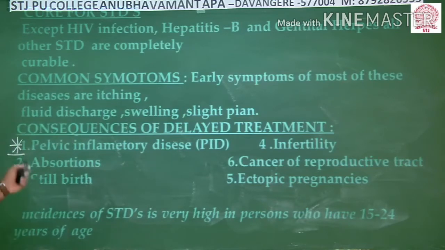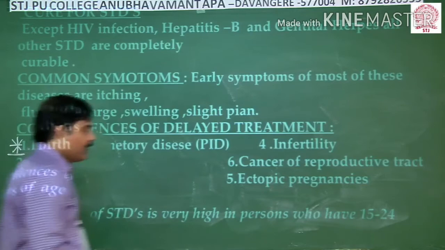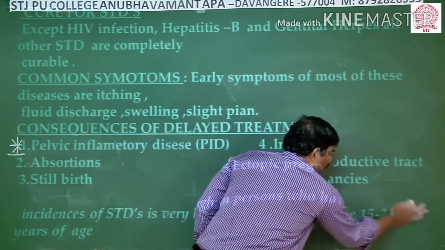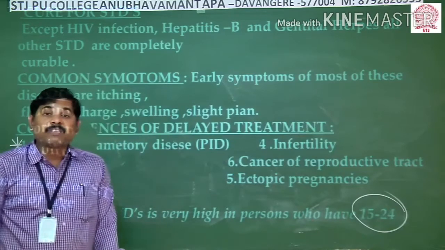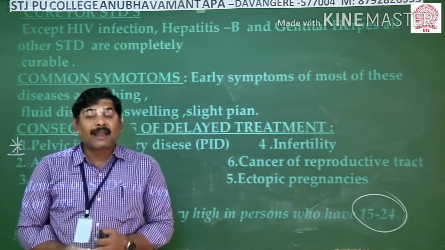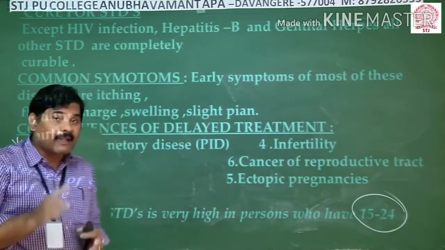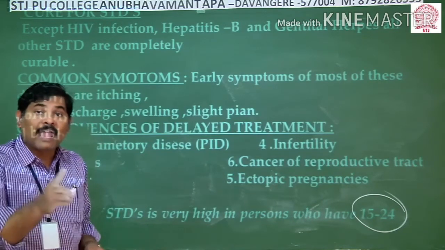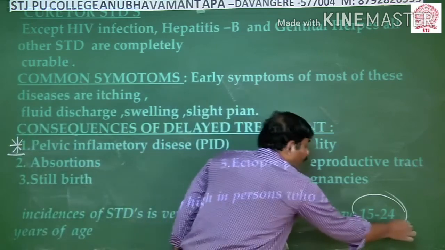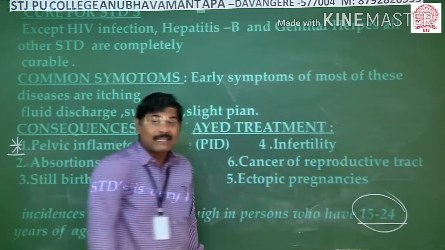And at last, we need to conclude with an alarming sign. See this one, this is an important part. The incidence of these STDs, sexually transmitted diseases or sexually transmitted infections, is too high in persons whose age is between 15 and 24 years.